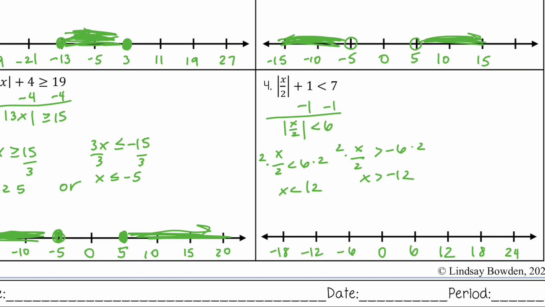So x is less than 12, but x is greater than negative 12. So we're going to shade in the middle here. And so when you write your answer, you would write it like this.